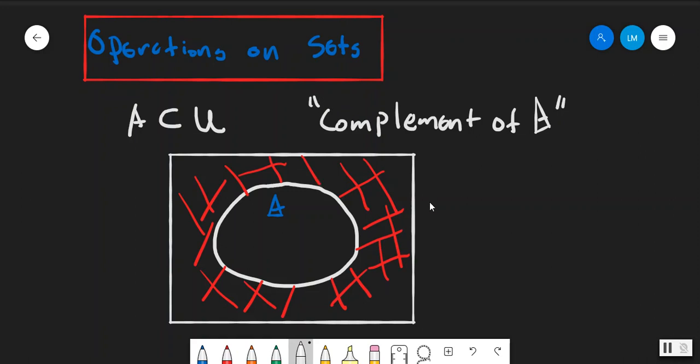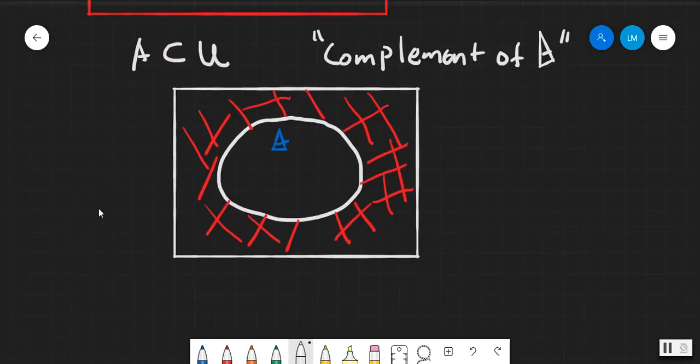Now, the complement of A is essentially defined in the following manner.